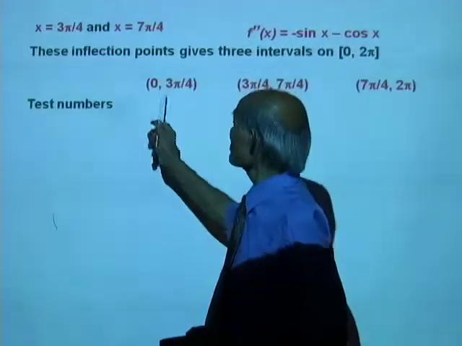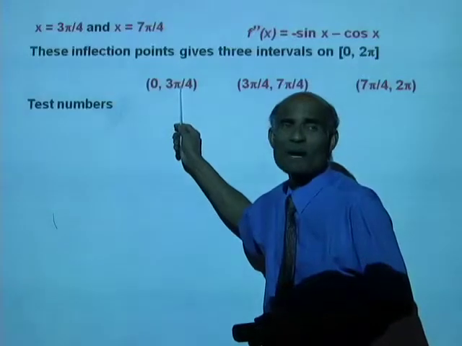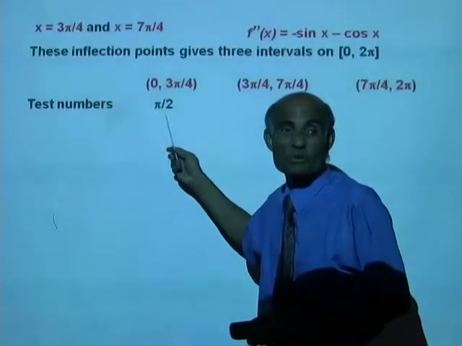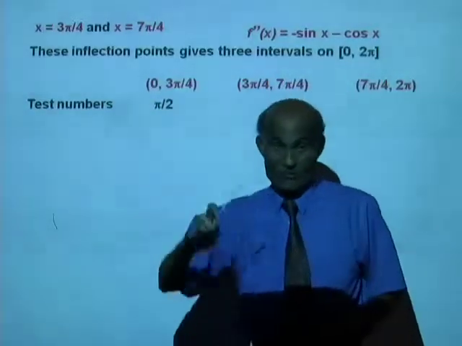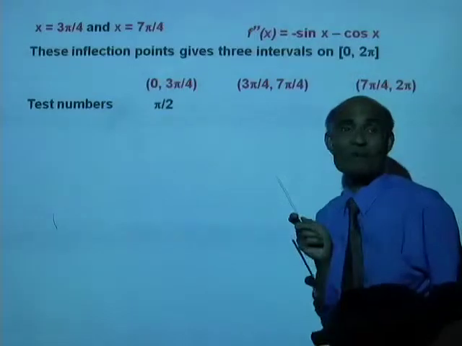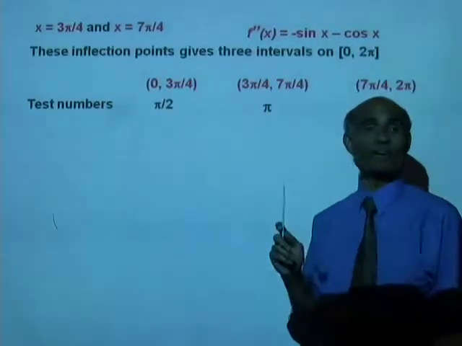Alright, give me test numbers on this. Give me a test number from 0 to 3 pi by 4. Pi by 2 is a good one. Again, keep that diagram with you. For 3 pi by 4 to 7 pi by 4, pi is a good test number.